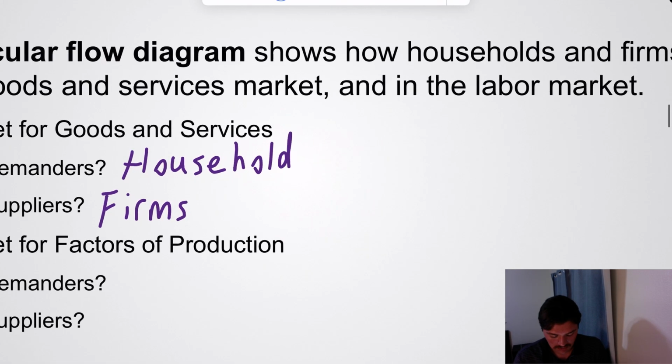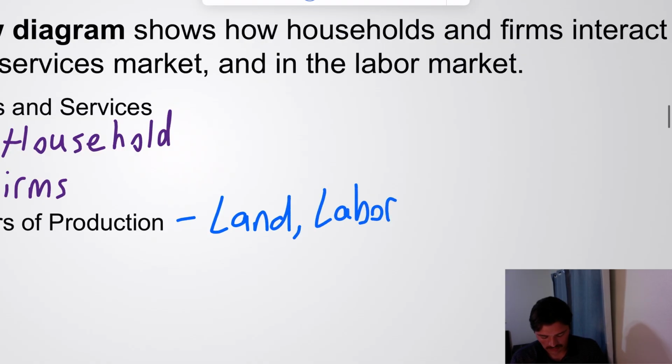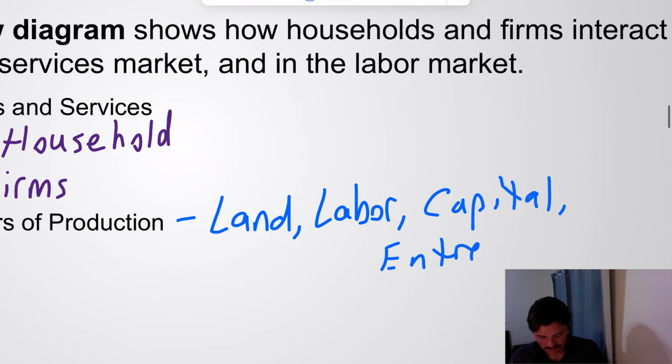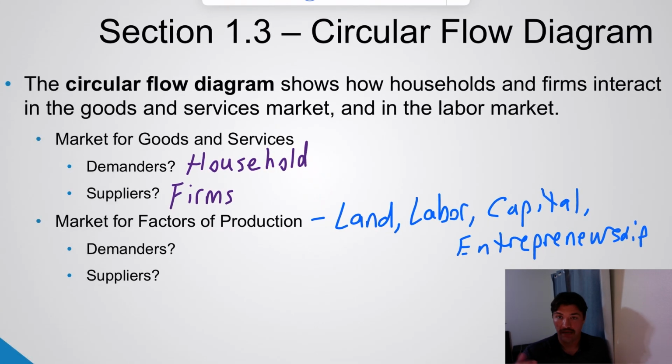Okay. Now the market for factors of production. Remember, factors of production, what are they? They are land, labor, capital, and entrepreneurship. So when we think about who is demanding land, labor, capital, entrepreneurship, well, what are you doing with those things?